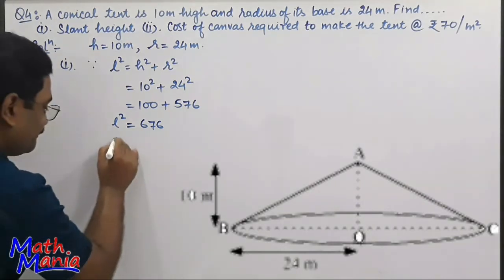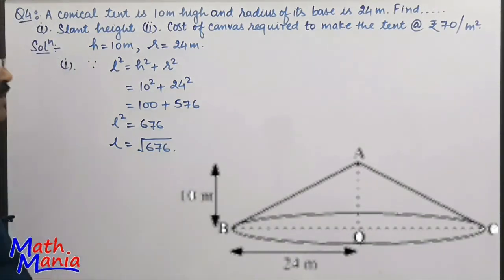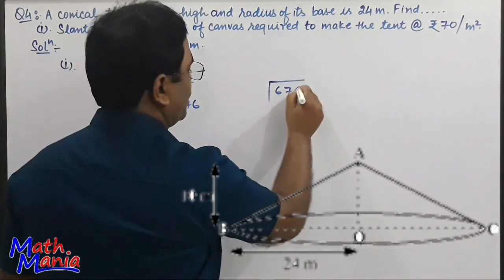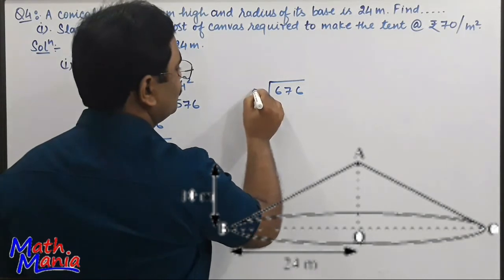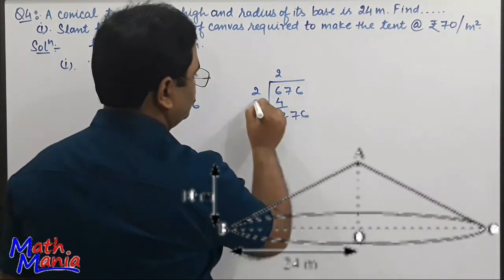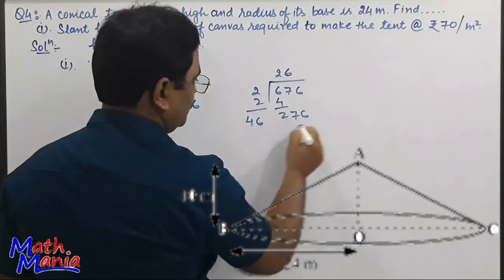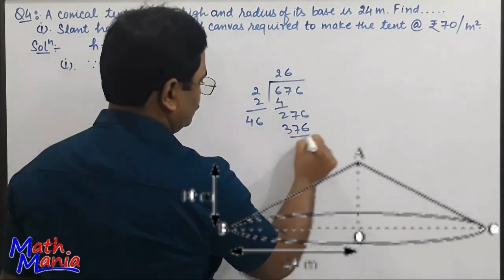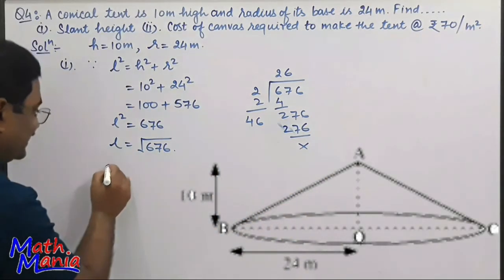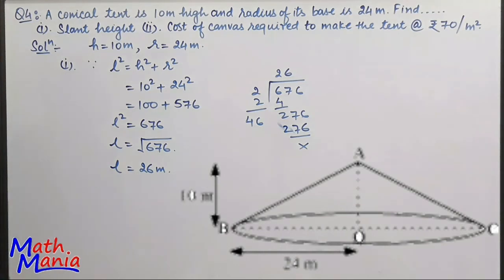So L is equals to square root 676. Let's find out the square root of this 676. So slant height is 26 meter of this conical tent.